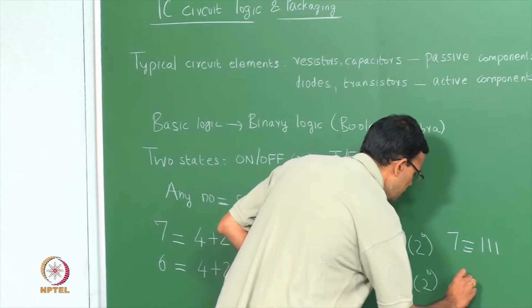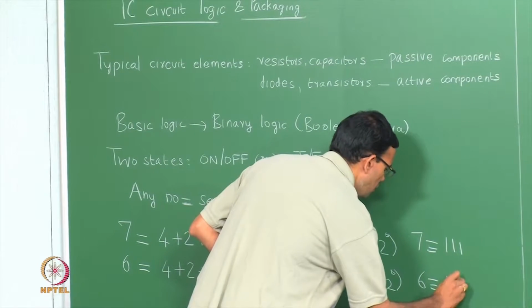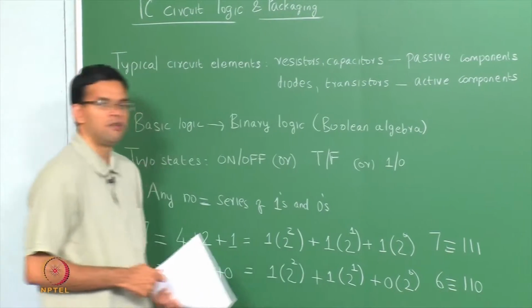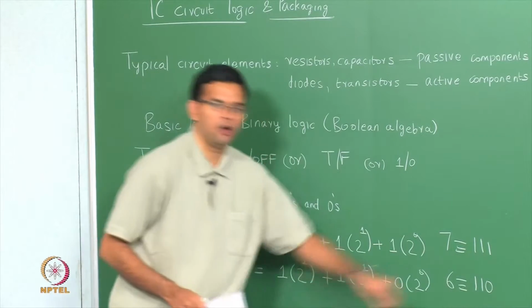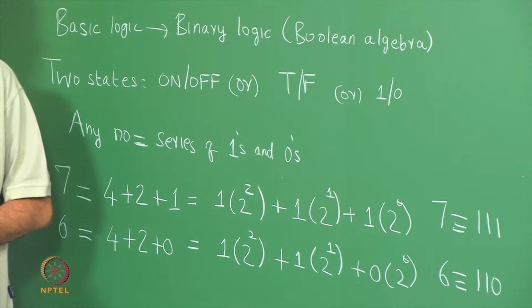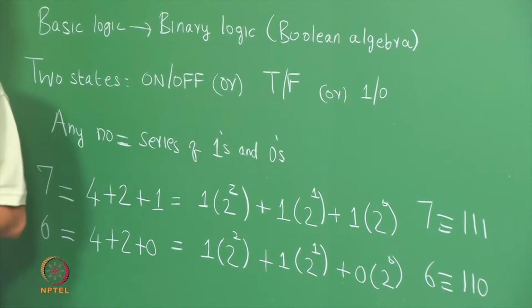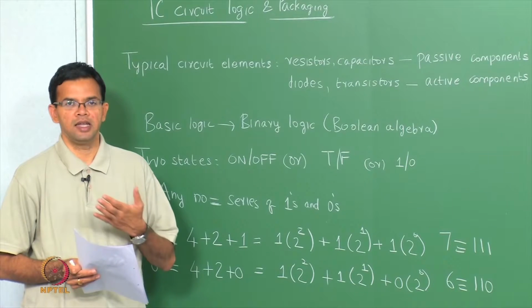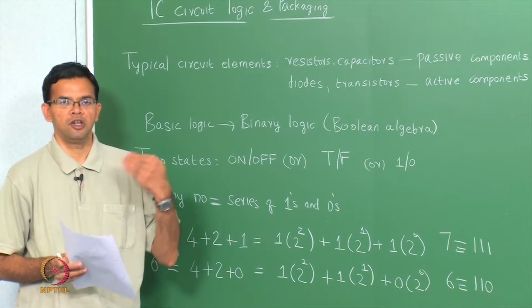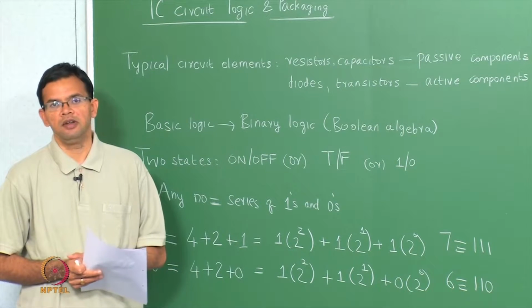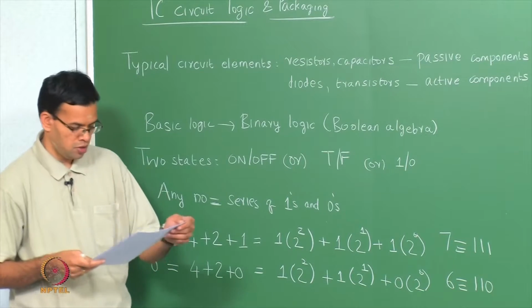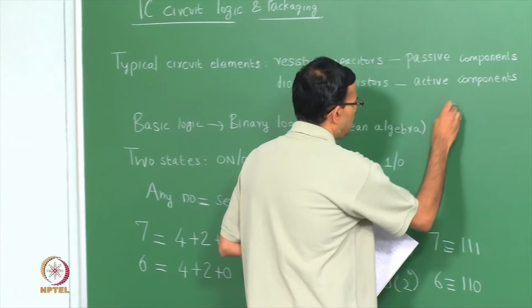So, 6 essentially becomes 1 1 0. If you think of a higher number, you may have to go with a longer string of these, but essentially anything can be broken down into ones and zeros, which represent on and off states, and these again can be represented by voltage fluctuations.